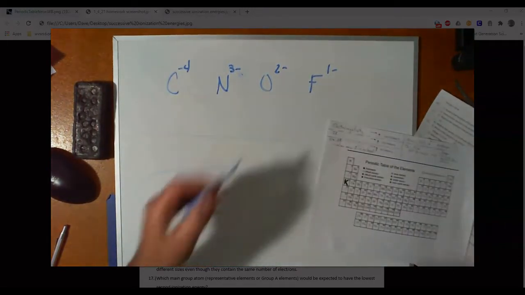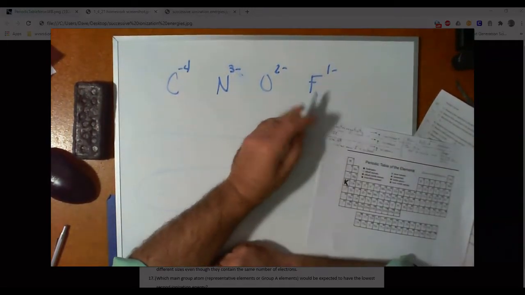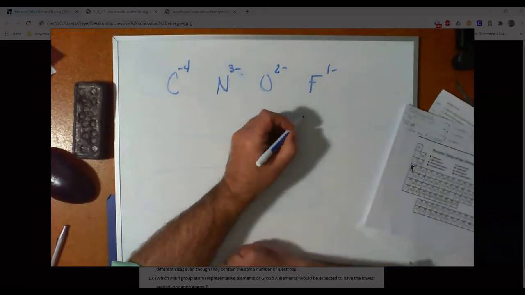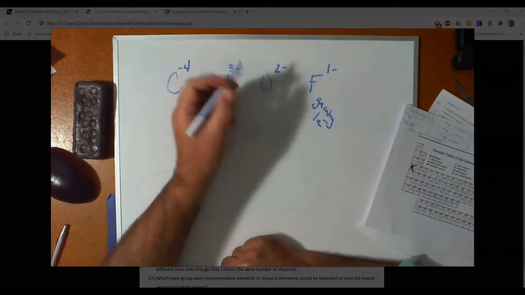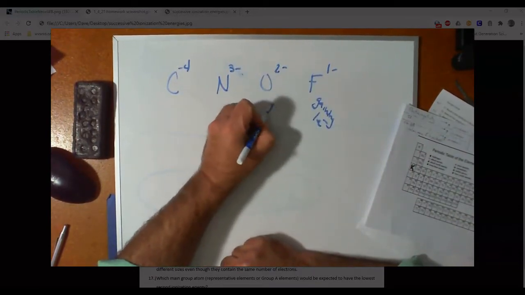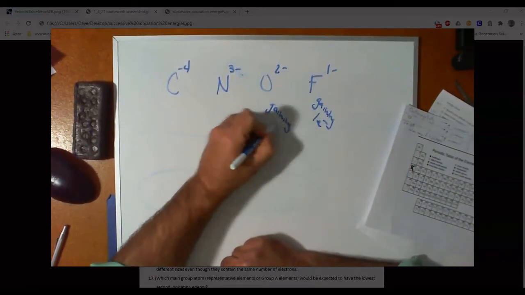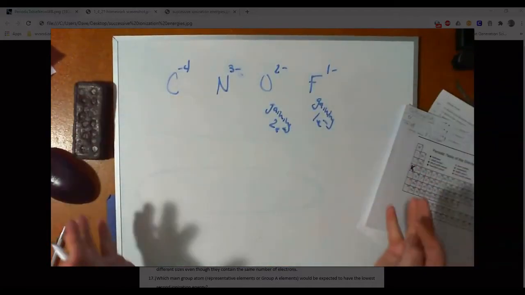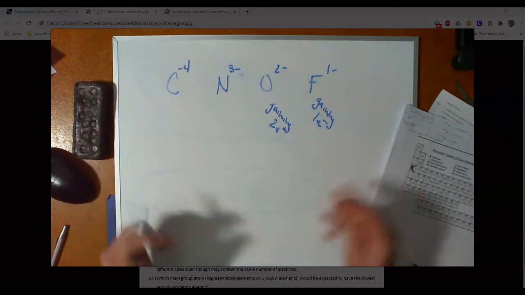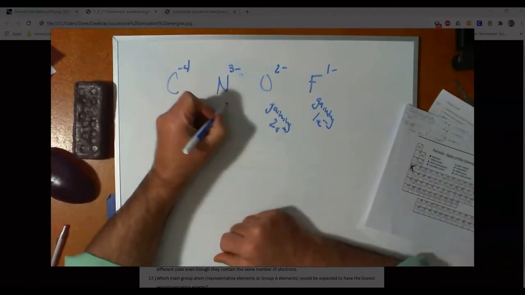All right. How does fluorine become a -1 or a 1-? By gaining 1 electron. Oxygen becomes a 2- by gaining 2 electrons, and as you're gaining electrons, you're putting more electrons around the outer portion of the atom. You're making it bigger and bigger.